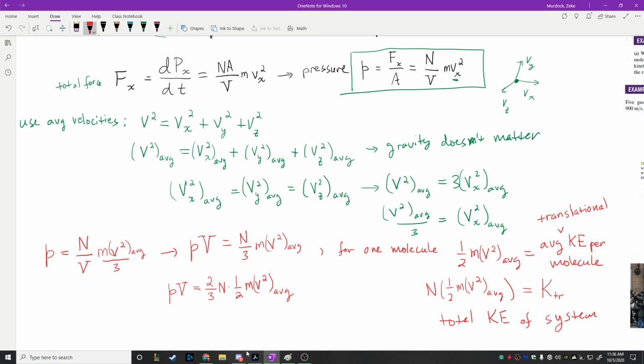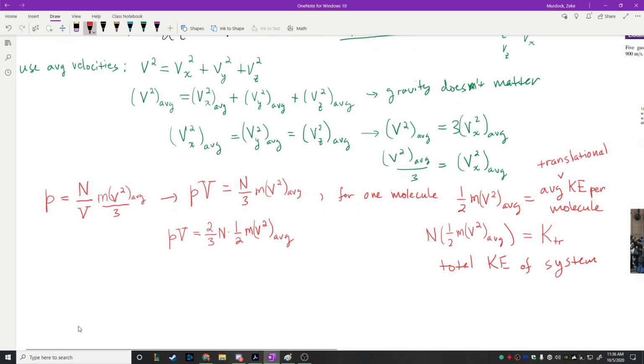So then this equation becomes a little bit simpler. Now what it's going to say is basically just if I take pressure and multiply by volume, that happens to be equal to 2/3 of the translational kinetic energy of the system.